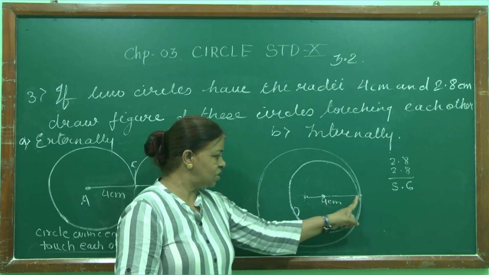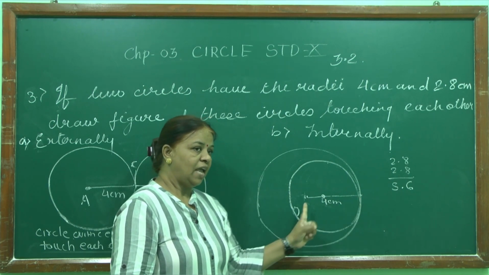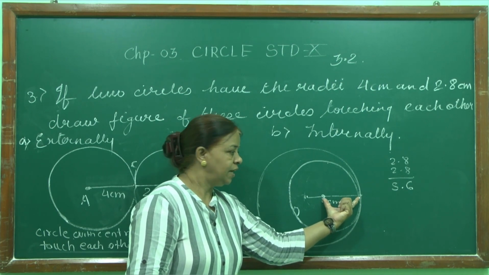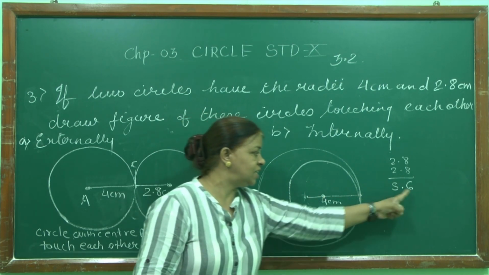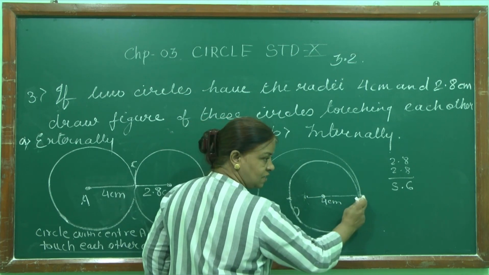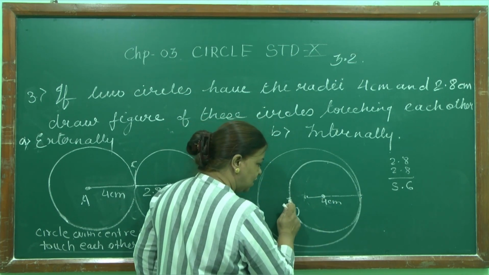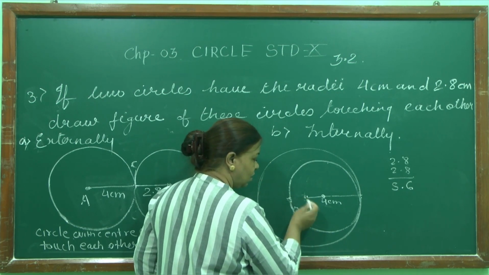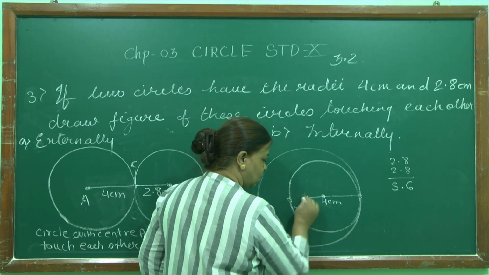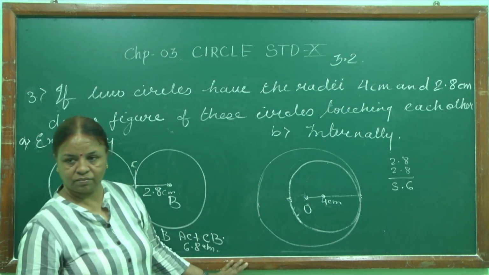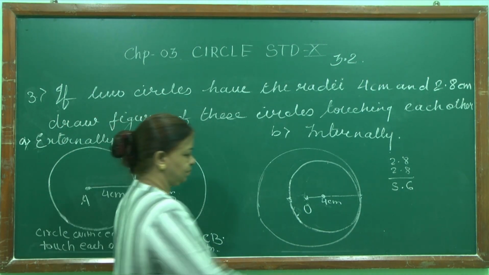From here to here it is 4 centimeter. And the radius of the small circle is 2.8, and double of 2.8 is 5.6. So from here to here is 5.6 distance. So it will be more than 4 now. This point will not come here or over here. It would be beyond the center of the bigger circle. Clear?